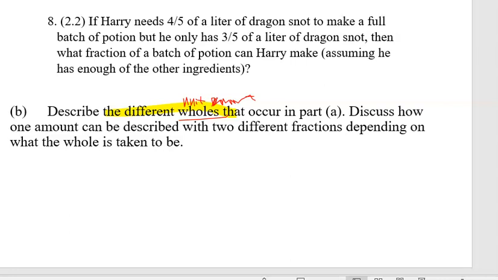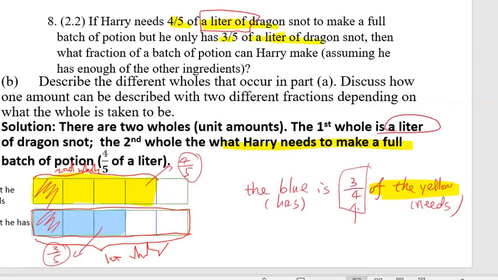And for the second part, describe the different wholes that occur in part A. Discuss how one amount can be described with 2 different fractions, depending on what the whole is taken to be. So let's look at each fraction. For the 2 fractions given, 4/5 and 3/5, we know they both have the whole of 1 liter, a liter of dragon snot.